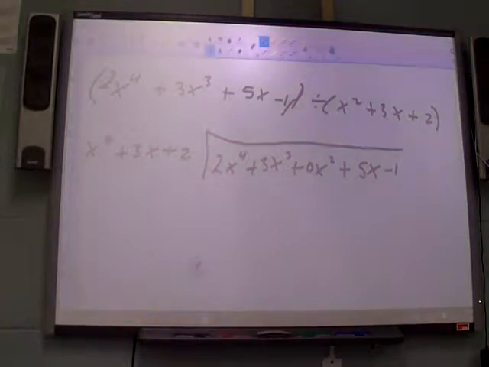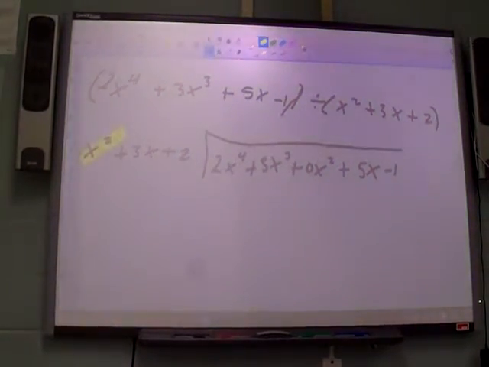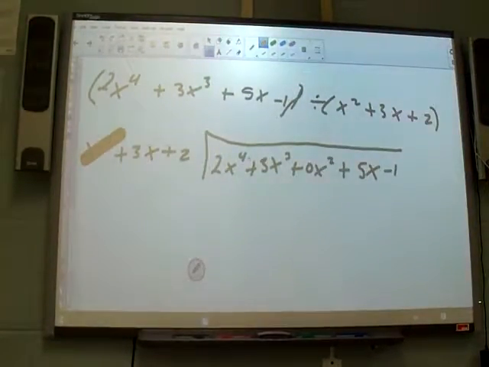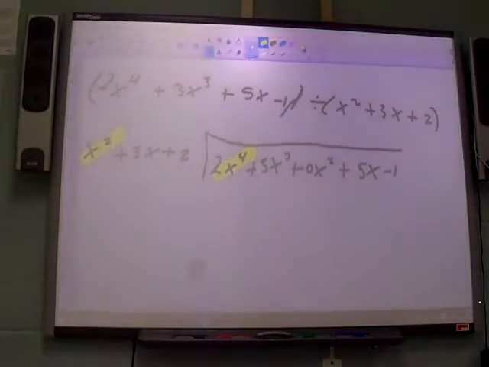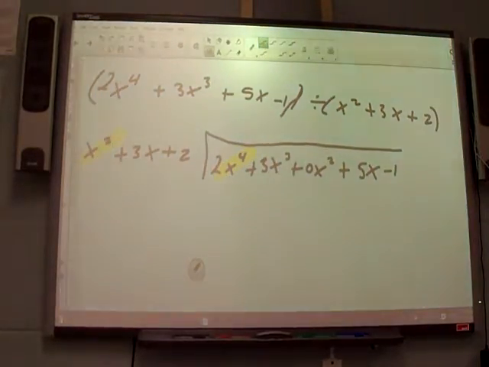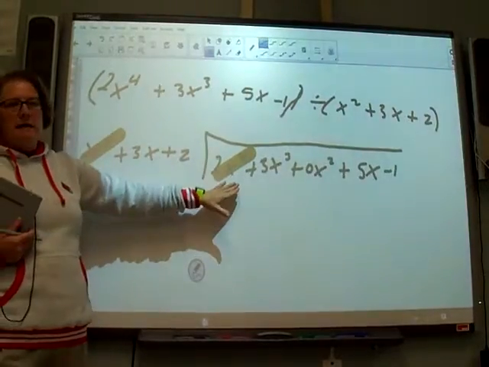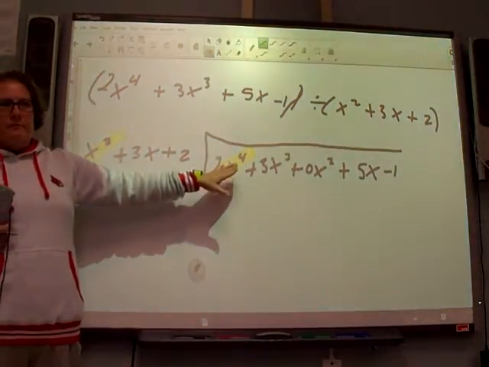Now this whole shebang with long division starts by taking the first term outside the box and seeing how many times it will go into the first term inside the box. So what we're asking ourselves is what can I multiply x squared by that would make it turn into 2x to the 4th.